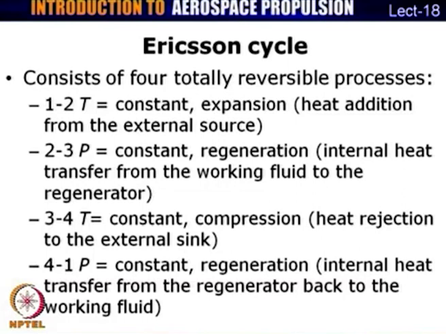Then there is a constant pressure heat regeneration. Unlike a Stirling cycle which had constant volume regeneration, Ericsson cycle has a constant pressure regeneration process. Then there is again an isothermal heat rejection through a compression process, and finally a constant pressure regeneration process, wherein there is internal heat transfer from the regenerator back to the working fluid.